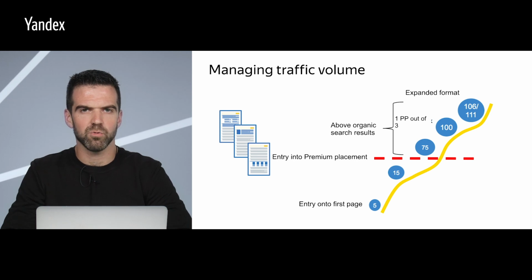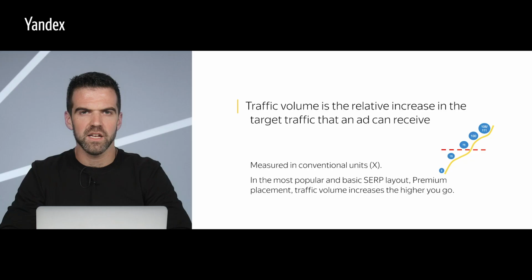However, it is much wiser to look directly at the available traffic volumes, because the same position on search can yield different traffic volumes. Traffic volume refers to the relative increase in the available target traffic an ad will receive. In other words, the click-through rate of an ad placement. It is measured in conventional units.